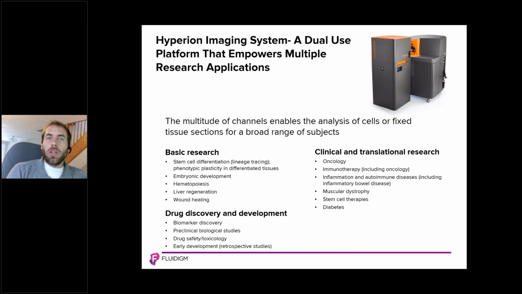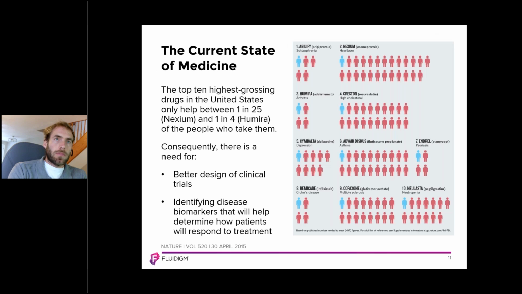And then finally, people are looking at clinical and translational research questions, right? Oncology, immunotherapy. They're looking at inflammation and autoimmune diseases. In Toronto in particular, there have been some very nice papers published on multiple sclerosis, as well as muscular dystrophy, stem cell therapies, and diabetes, among other examples.